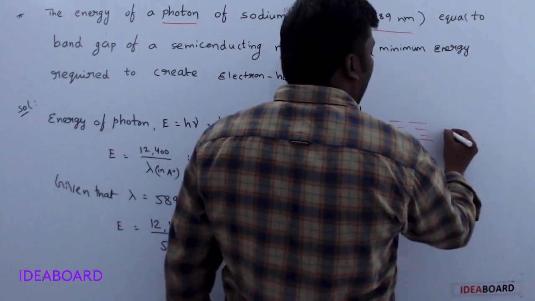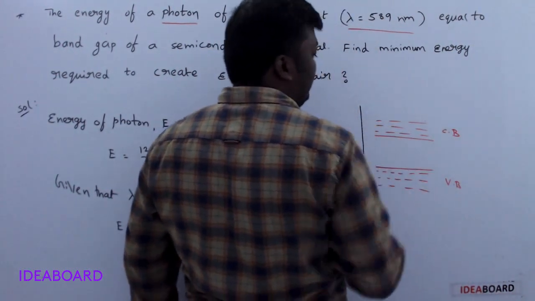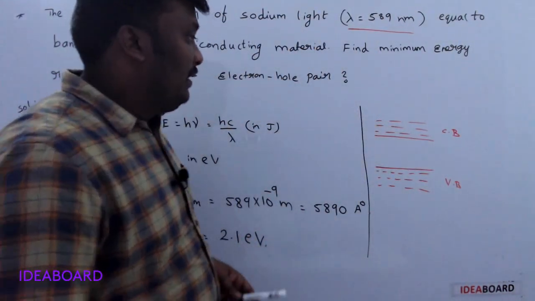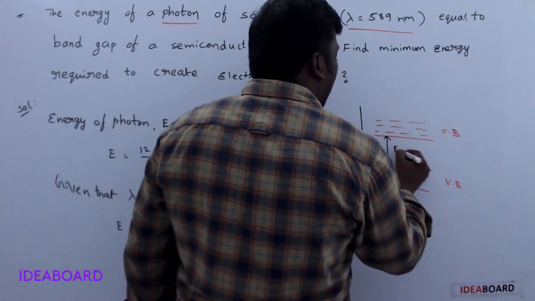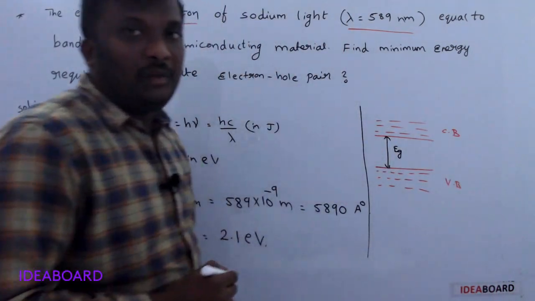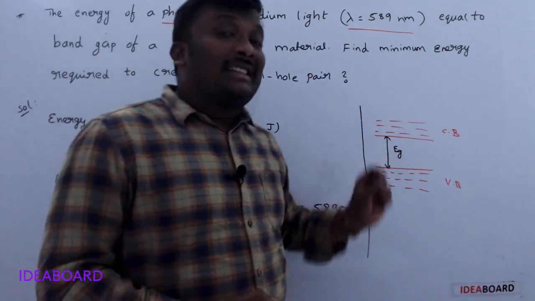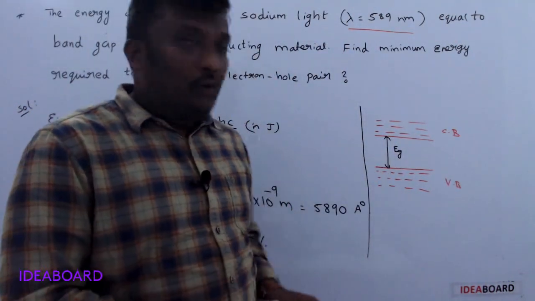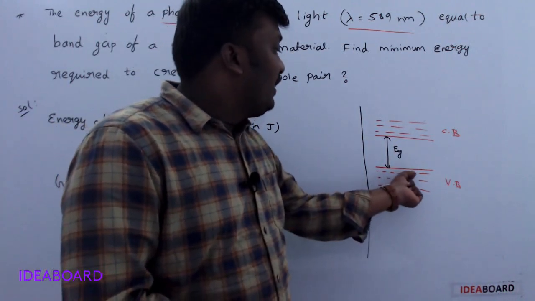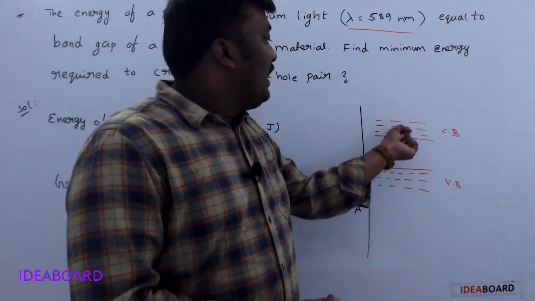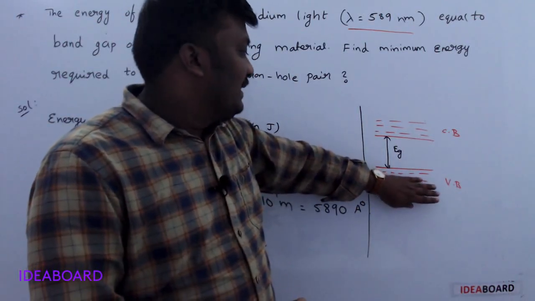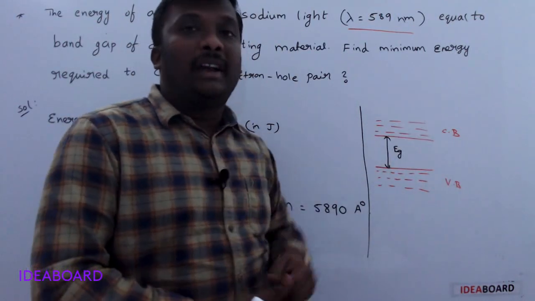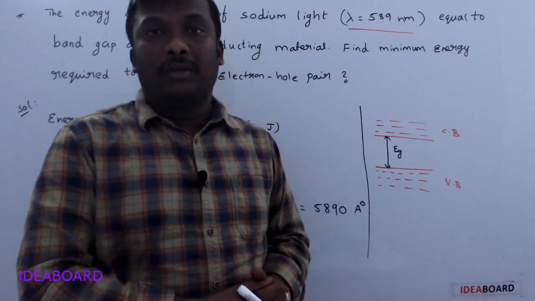One is the valency band, another is the conduction band, and the gap between the conduction band and valency band is denoted by the energy gap Eg. This is the minimum energy required to move an electron from the valency band to the conduction band. Whenever an electron in the valency band goes to the conduction band, an electron hole pair is formed.